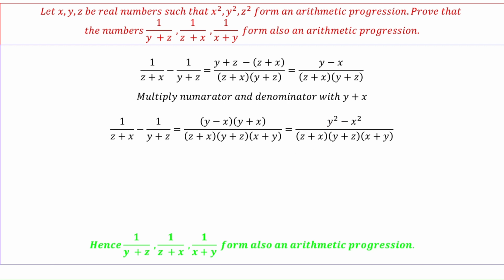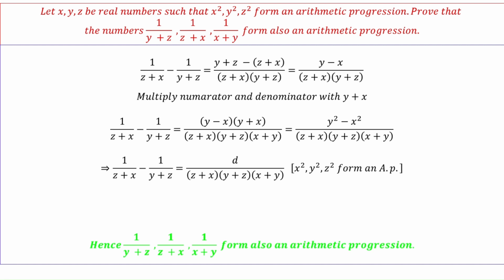So similarly I will get the difference of the second term minus the first term, this is also equal to y²-x². I am calling it d because x², y² and z² are in arithmetic progression, so the difference y²-x² is d.